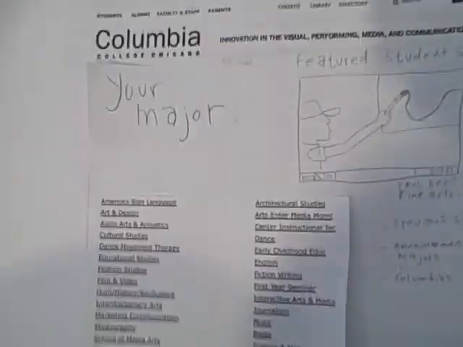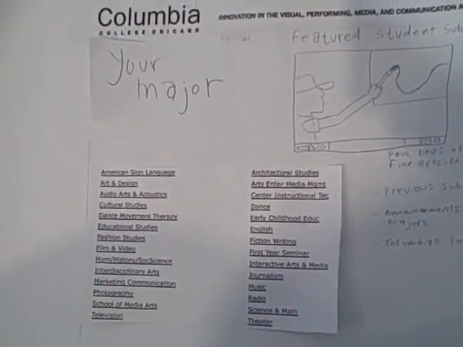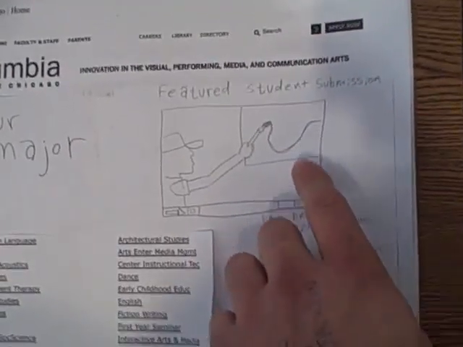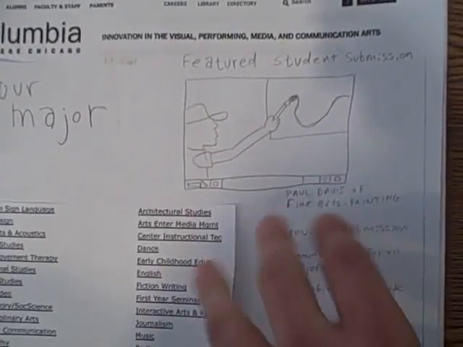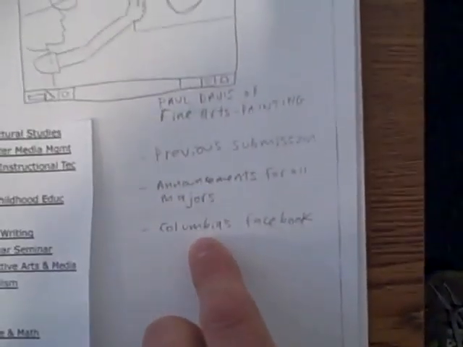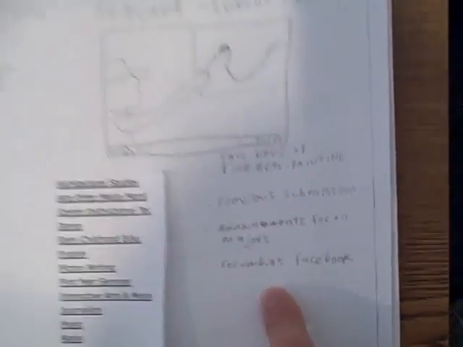And that takes us to this page, where it's kind of like an oasis where you can look by your major, which is down here. And we'll have a featured student submission, and here's an example of someone from fine arts, a video of them painting. And we also have previous submissions, announcements for all majors, and then another link to Columbia's Facebook.